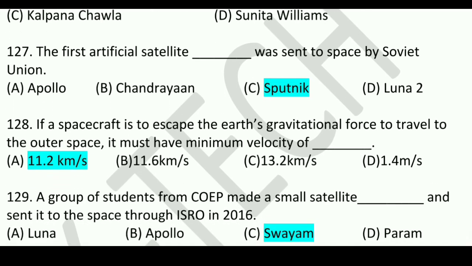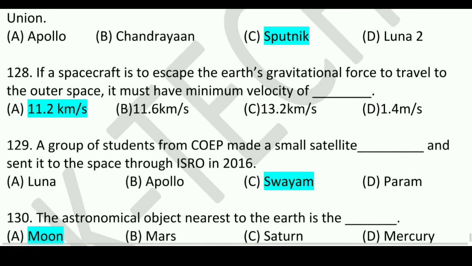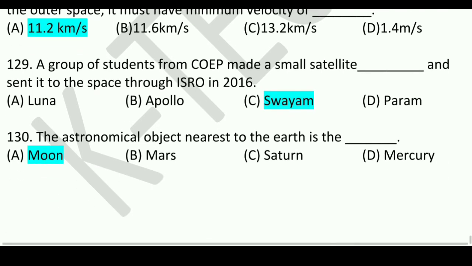The first artificial satellite, dash, was sent to space by Soviet Union. It is Sputnik. If a spacecraft is to escape the Earth's gravitational force to travel to outer space, it must have minimum velocity of 11.2 kilometers per second.